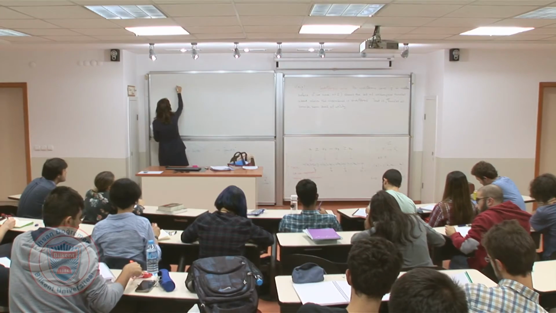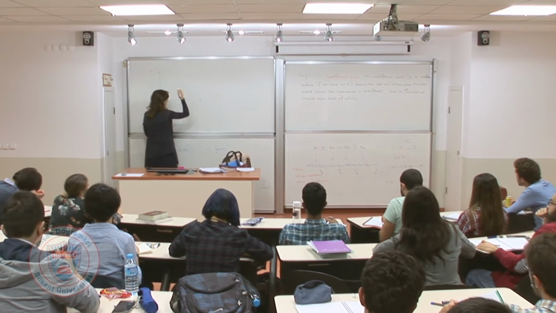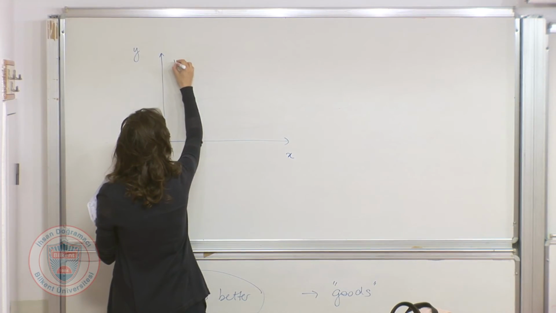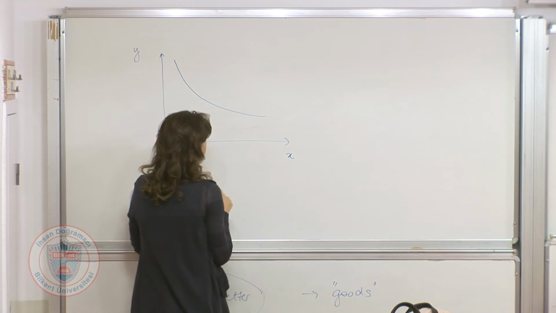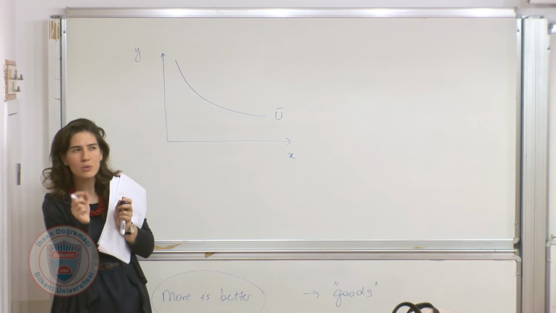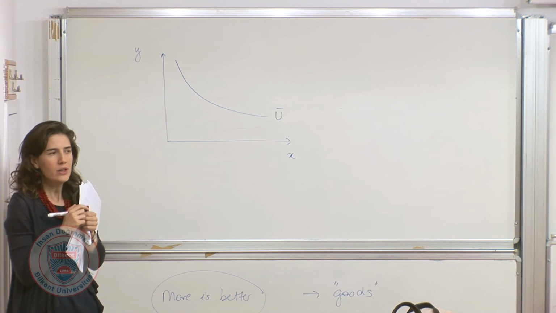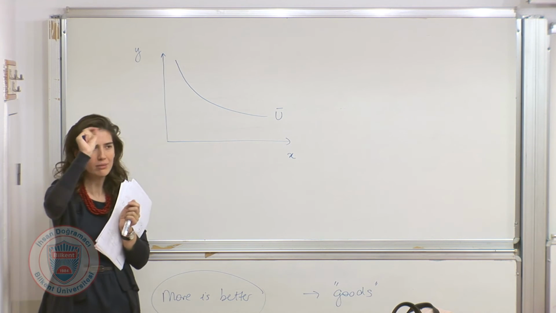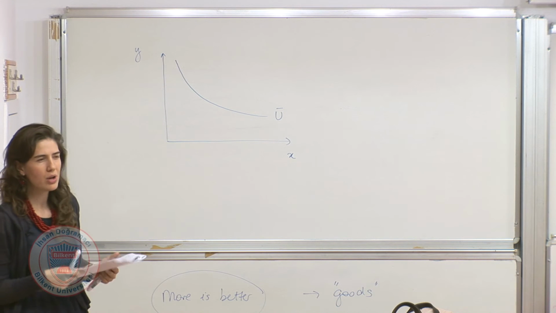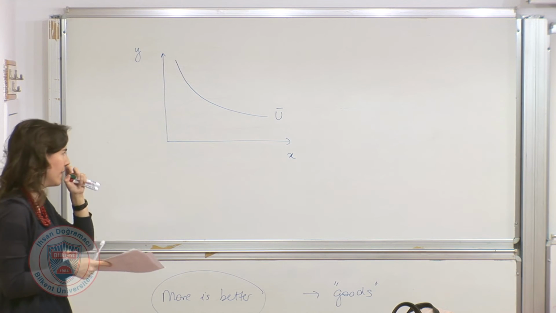Here I put chips, here I put Coke, beer, whatever drinks. And then I have this indifference curve. We said that suppose this gives all the bundles which would give the utility level U bar. So we slice the utility function at, let's say, 5, and then trace out all the bundles which would give utility level 5.